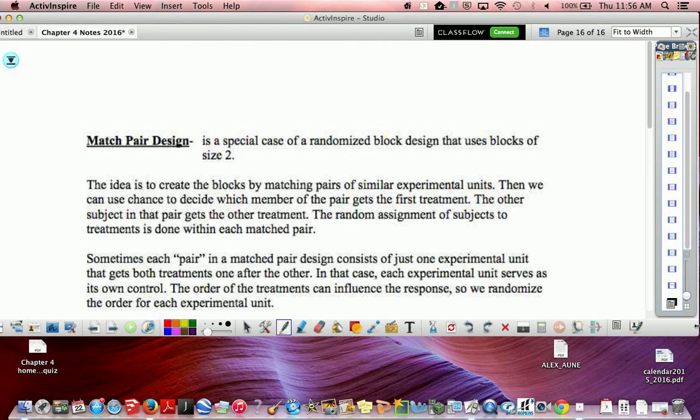One of the things I could do is a match pairs design, where each subject is going to get both treatments. So I could have the subject be randomly assigned to spray one of the treatments on their left arm and the other treatment on their right arm.